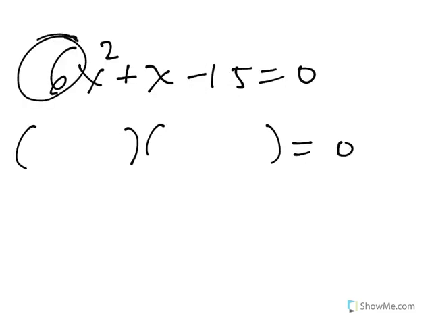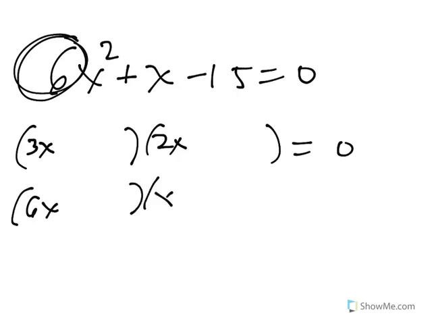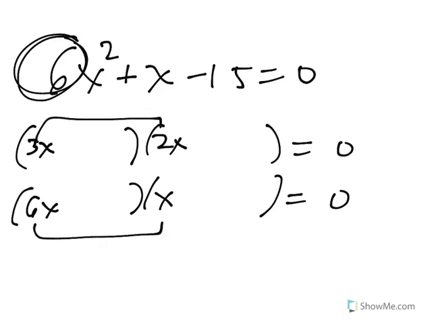But what if there's a number out here? Well, the most common way to do this requires a lot of trial and error, especially if the number out there is composite. There's different ways to get 6x squared. So we still need two numbers whose product is negative 15.